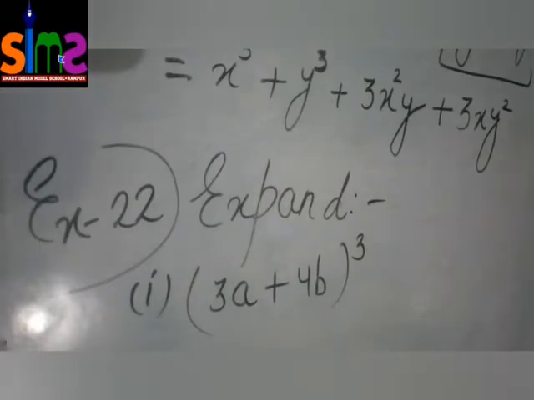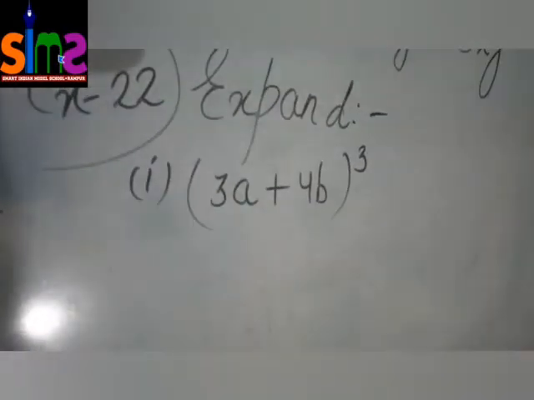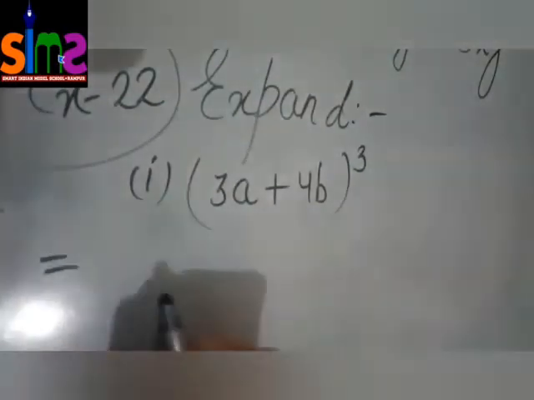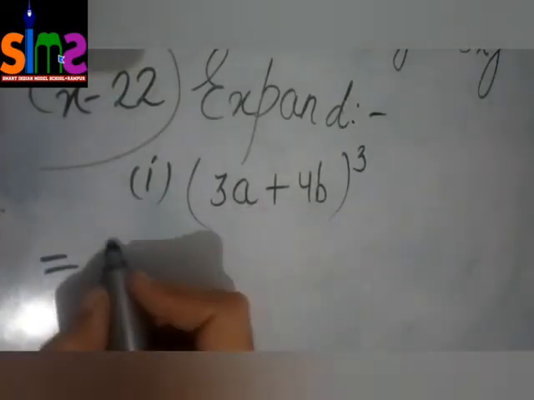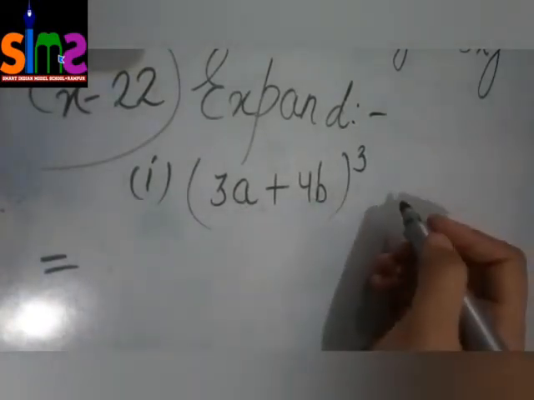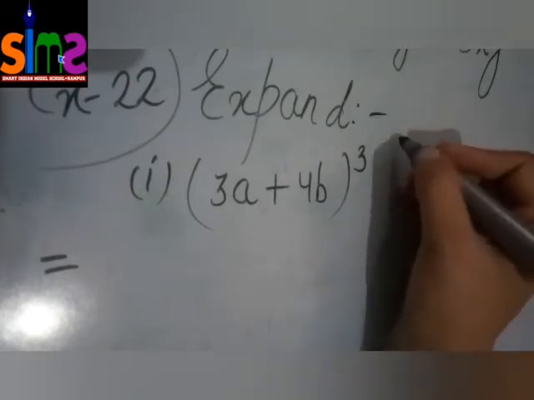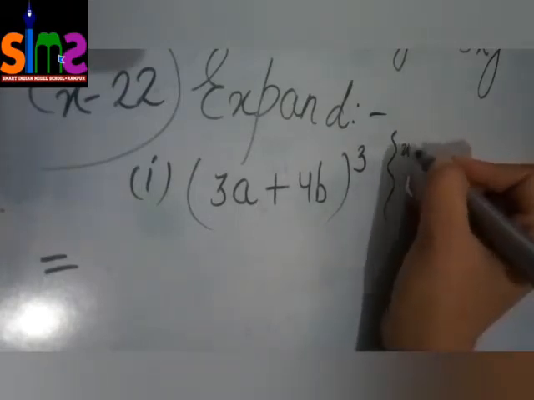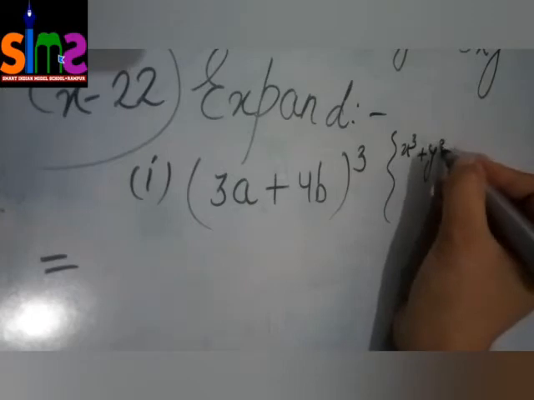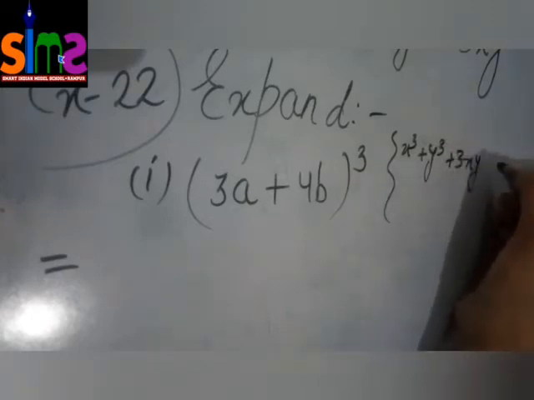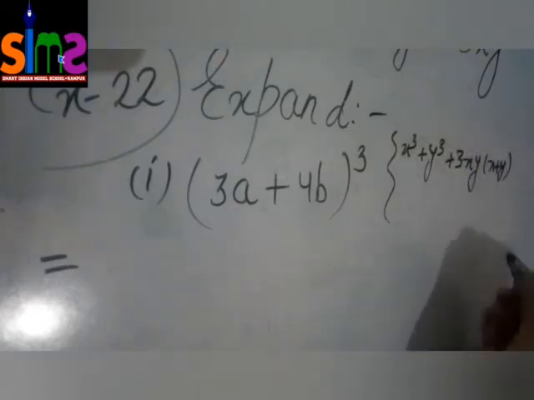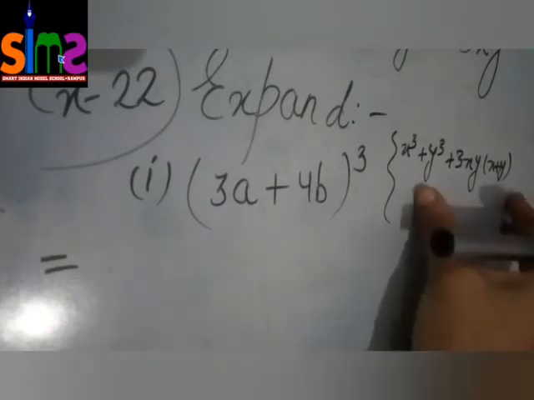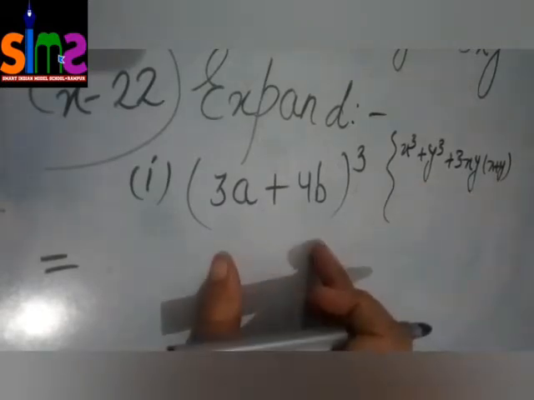So the very first thing, we will express it. Our first step will be the whole cube of x plus y. What was the expansion of the whole cube of x plus y? The expansion was x cube plus y cube plus 3xy bracket x plus y. So first we will apply this step to this question.